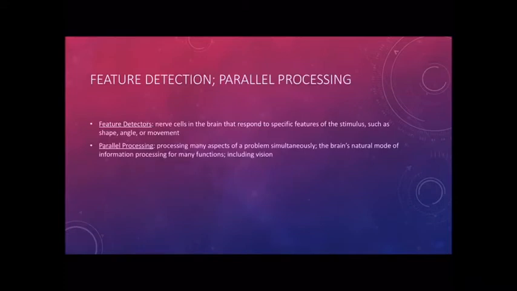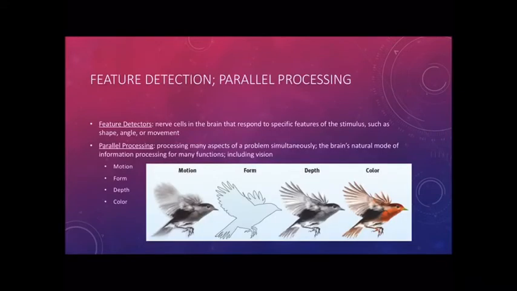So we talked about this way back in chapter 3. But parallel processing is being able to process many aspects of something simultaneously. So like processing motion, form, depth, and color of a bird all at once, and then integrating that information into a perception, which is, oh, this is a robin or hummingbird or whatever.